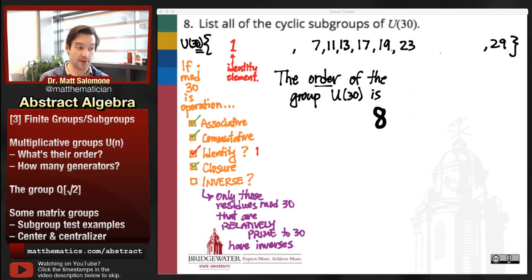There are 8 elements in this group, so the order of my group is 8. But if we want to generalize this, this is the number of integers, let's say the number of natural numbers, so that we don't have to worry about negatives or 0, less than 30 that are relatively prime to 30.